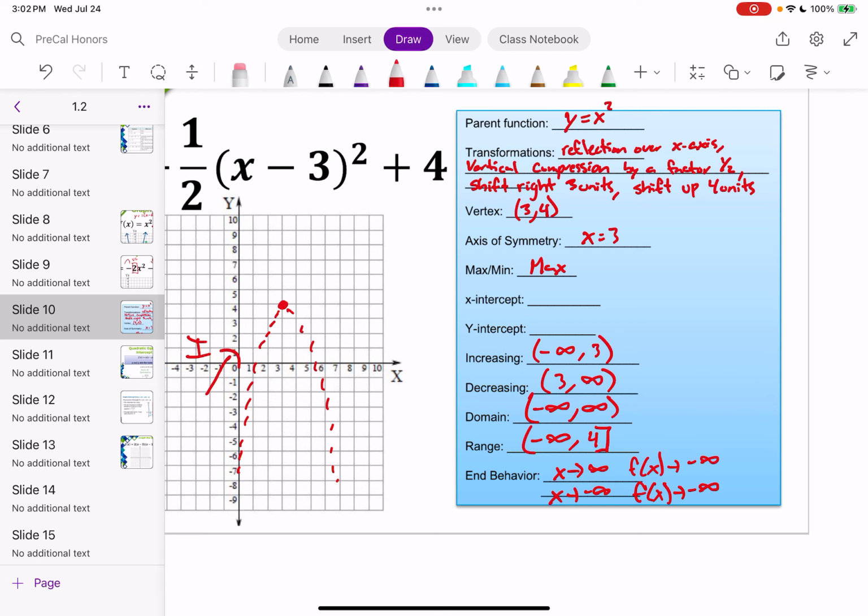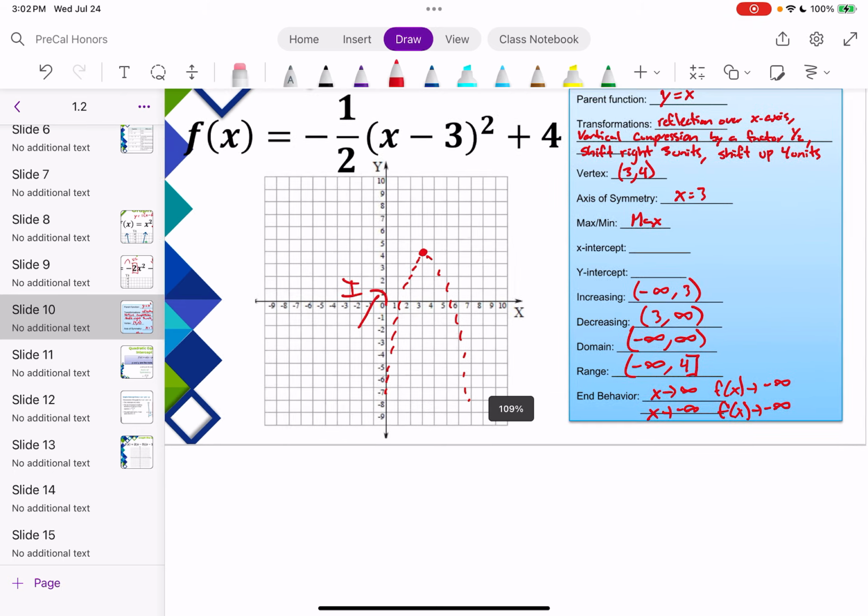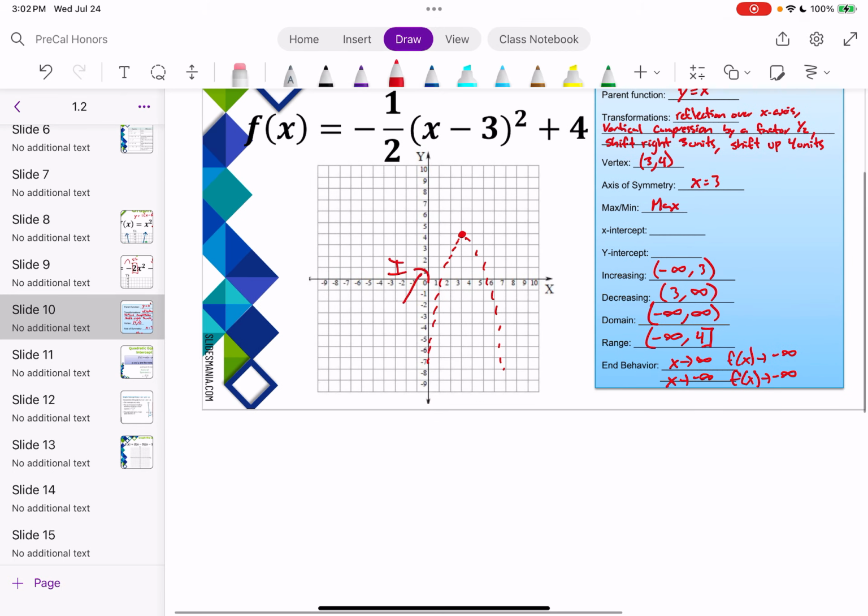Now let's solve these last 2 answers that we have. In this case, we are solving for our y-intercept. Remember, we are going to plug in 0 for x.